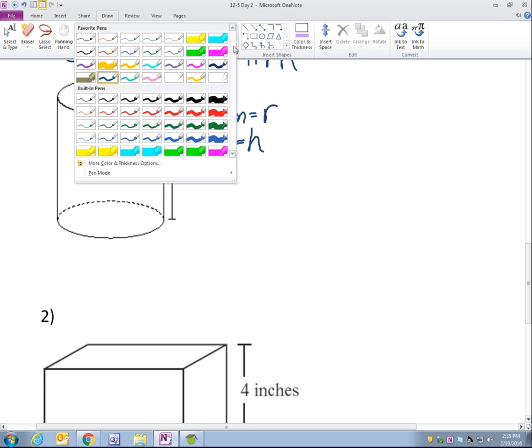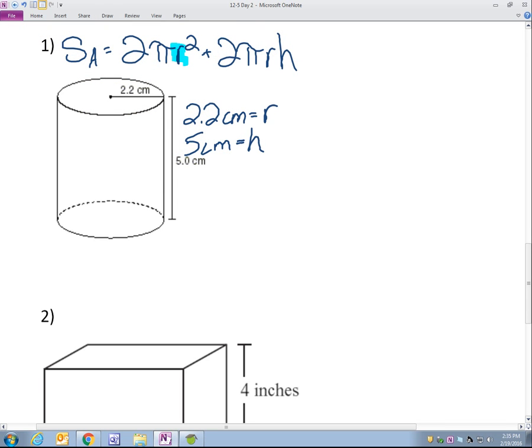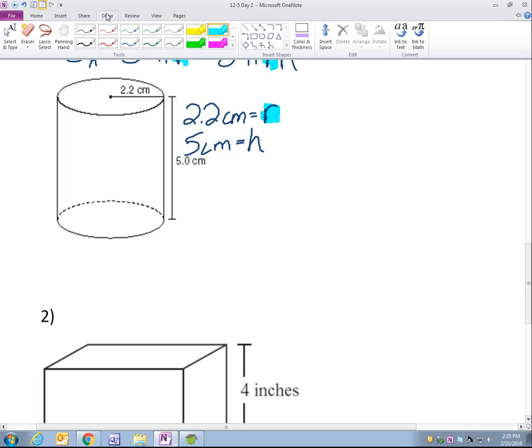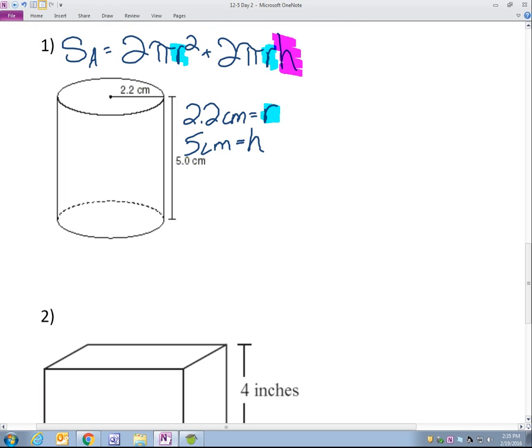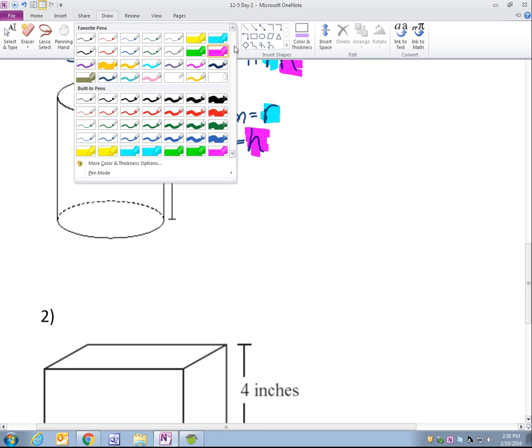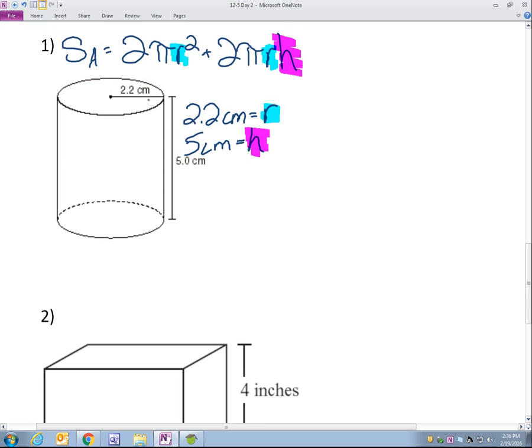I'm going to rewrite this whole thing. I'm going to substitute my r's in, and I'm going to substitute my h in. And I'm also going to substitute 3.14 for pi now.